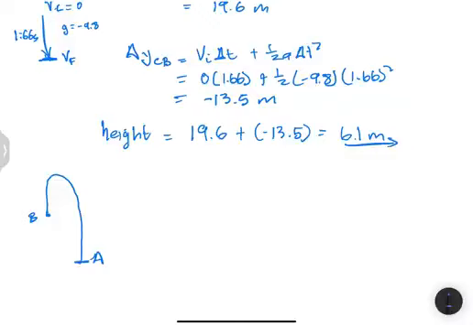So I know that at A my initial velocity is 20. And in this case, when it got to the balcony, remember it went up 2.04 seconds, but it also went down an additional 1.66 seconds.